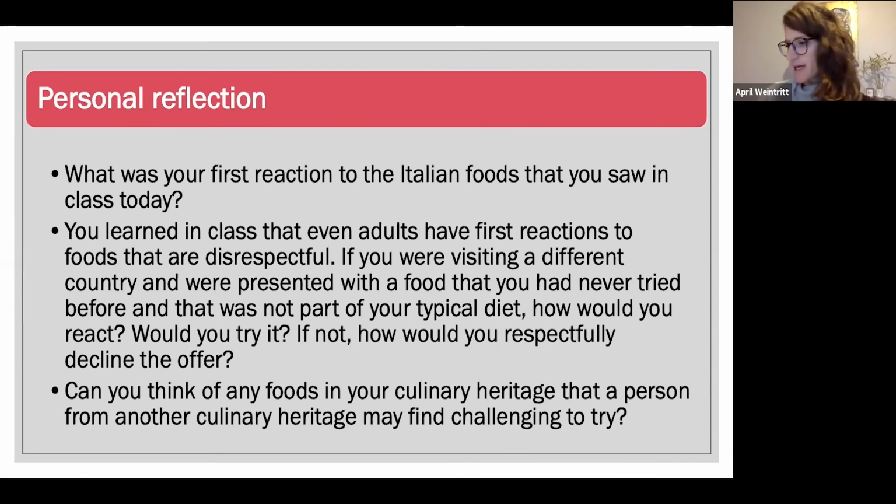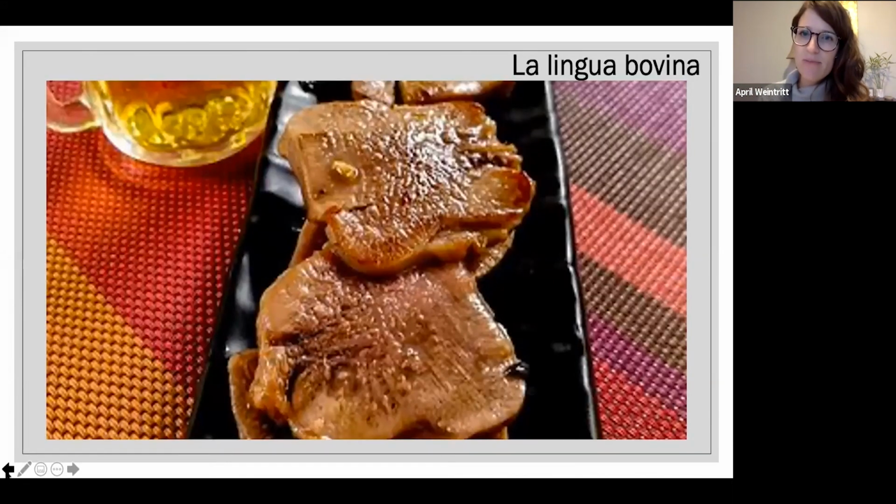I hate to go off on a tangent, I apologize. But for some students, you might choose, I'm sorry, let me go back. You might choose something that will really astound them, like la lingua bovina qua, right?